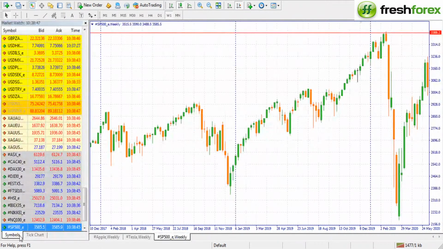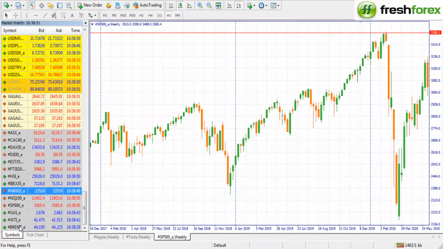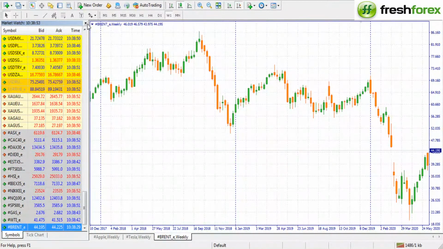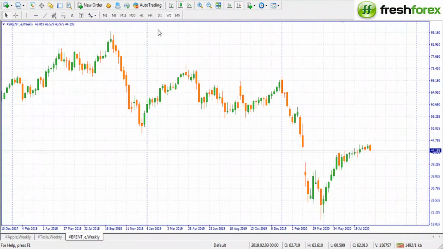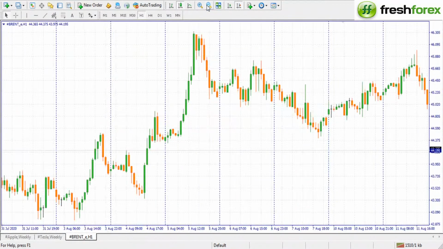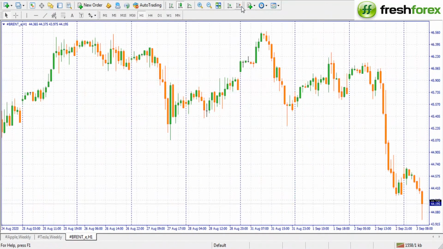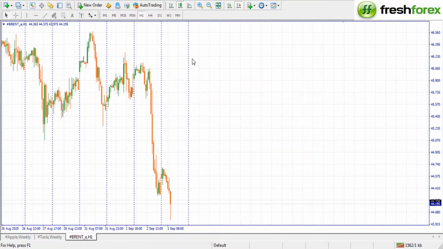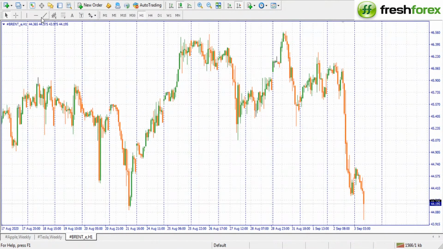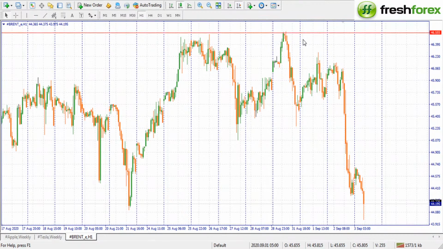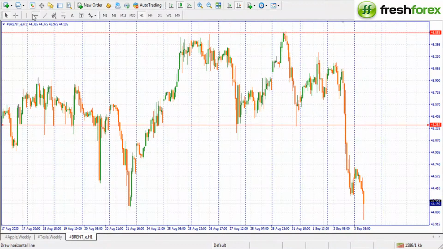The next chart is Brent oil. Today we're not going to look at this chart from the daily point, we're going to look at it on the 1 hour. If you check the 1 hour chart, we had some resistance here, the resistance there, we have a support here, and then we also have a level here.